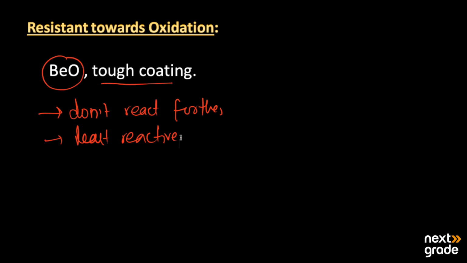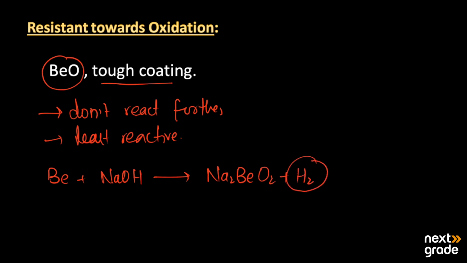After that, we have its reaction with bases like sodium hydroxide or other alkalis. It reacts to give sodium beryllate plus hydrogen gas. So here it produces hydrogen gas, and this product is called sodium beryllate.